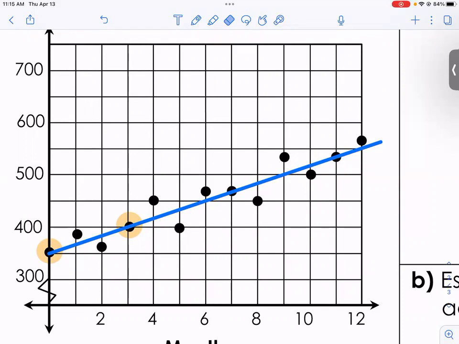Are you guys finding b and m? I would use those 2 points for m. Perfect.